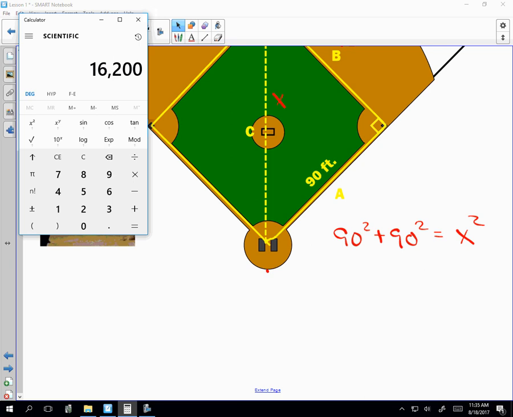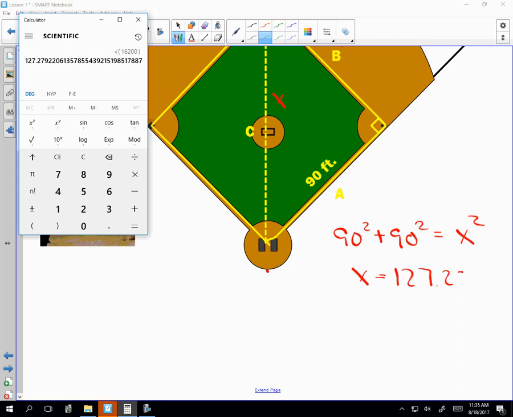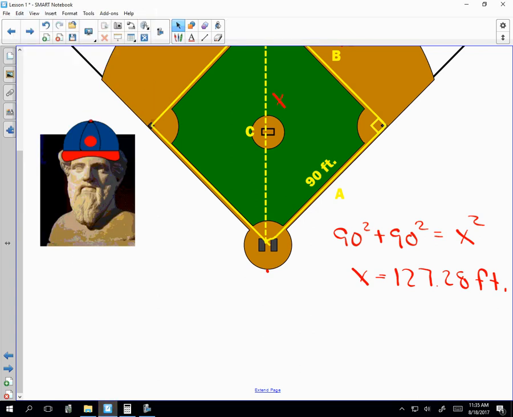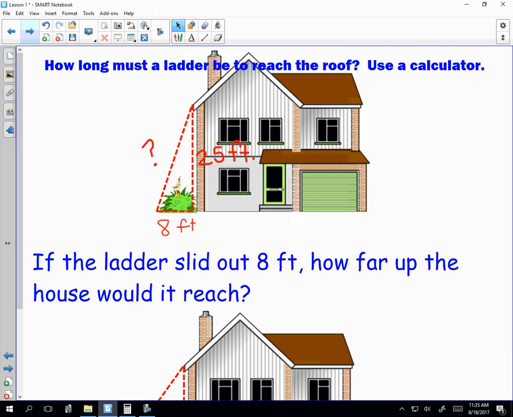Okay, we've got 16,200. Square root that, and we get 127.28 feet. So when you have a catcher throwing down, it definitely is taking a fair amount of distance.